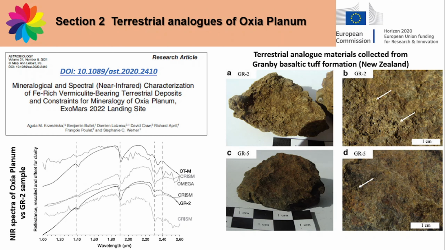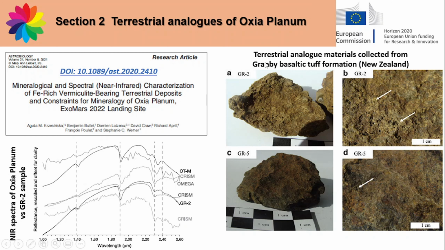Then during 2018 and 19, we added additional analogs that are quite similar to the geological units that we can find at the landing site that has been selected for the ExoMars mission, which is called Oxia Planum.